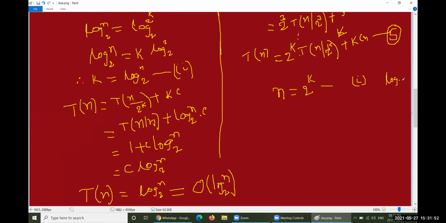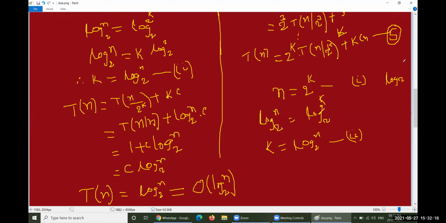So log base 2 of n will be equal to log base 2 of 2 power k. Therefore k will be equal to log base 2 of n. This is equation number small 2.